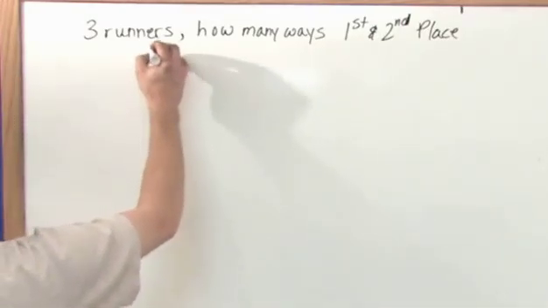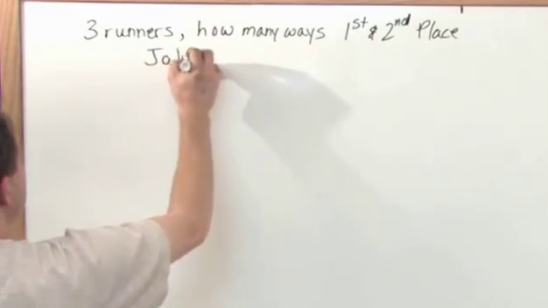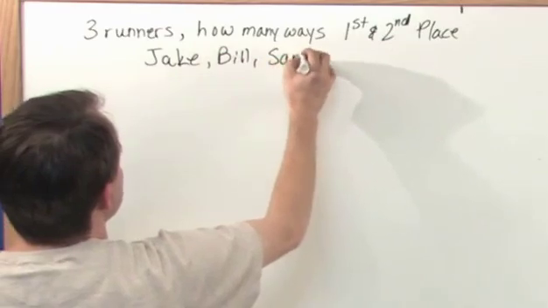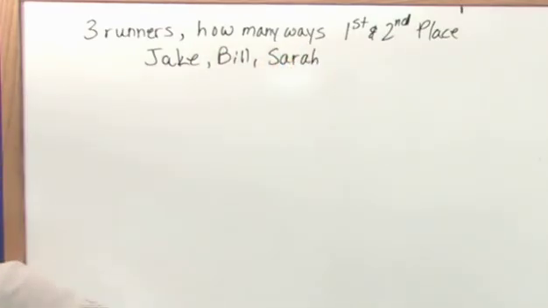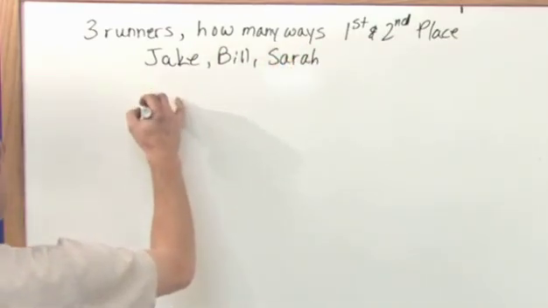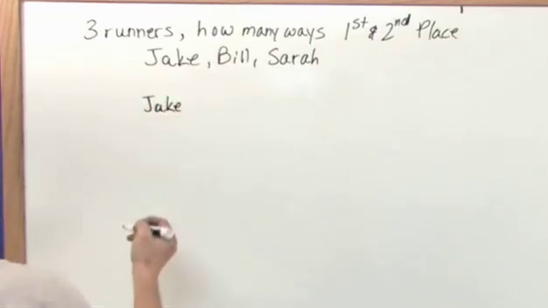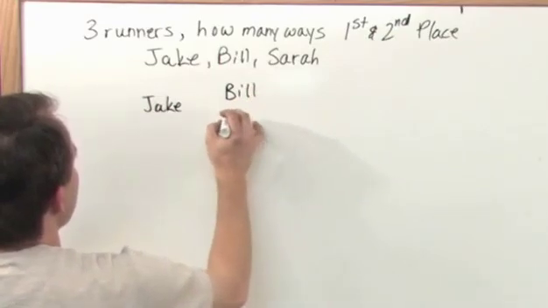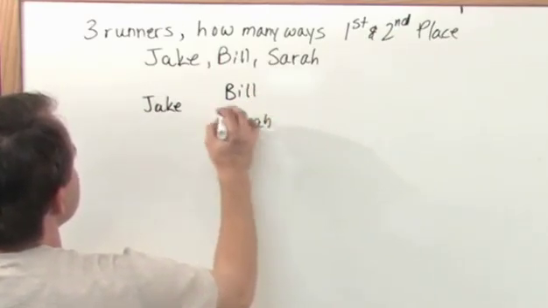So if I had, for instance, Jake, Bill, and Sarah, what we did in the last section is we built our tree diagram. We said, well, Jake can finish first, and once we pick Jake, then Bill could finish second, or Sarah could finish second.